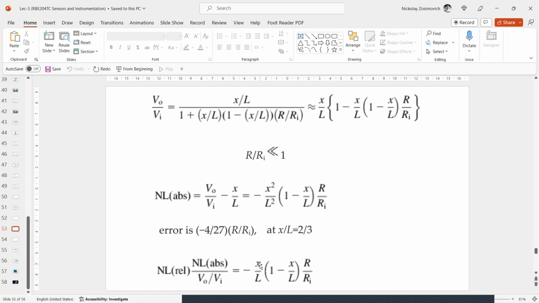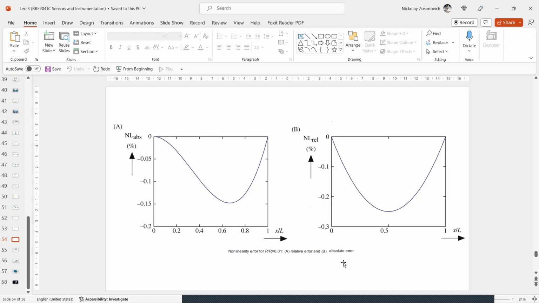Or sometimes we call it midway between the endpoints, right? So both errors are proportional to the resistance ratio R over Ri.